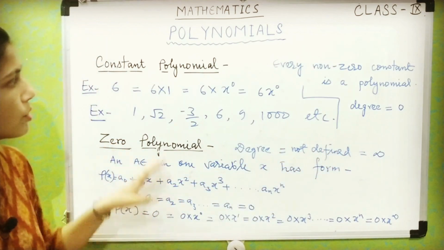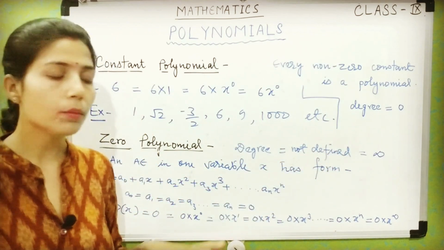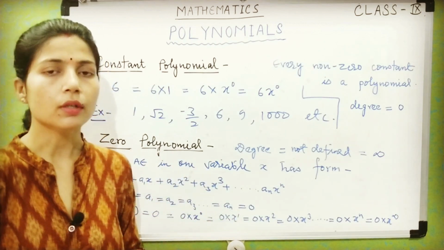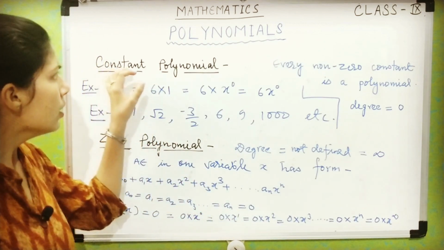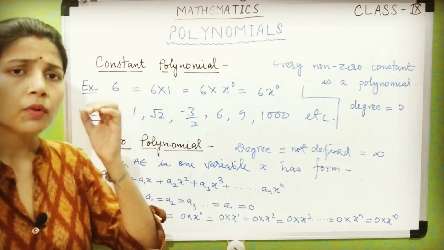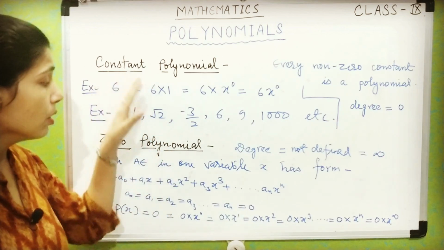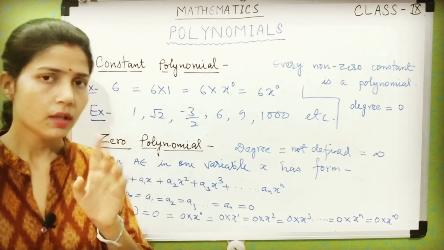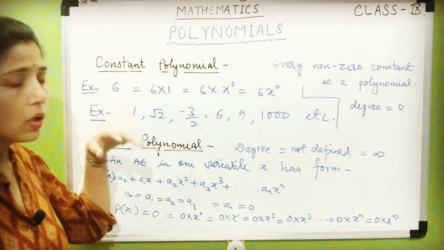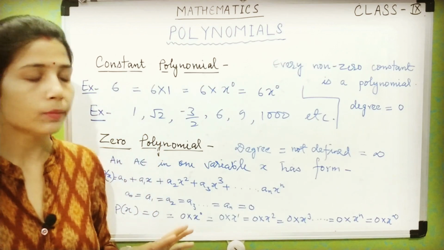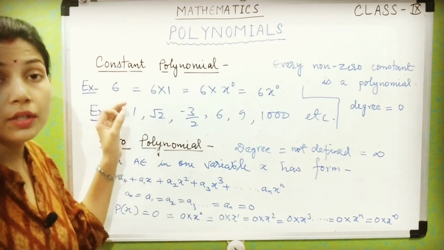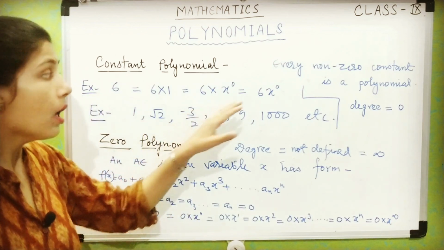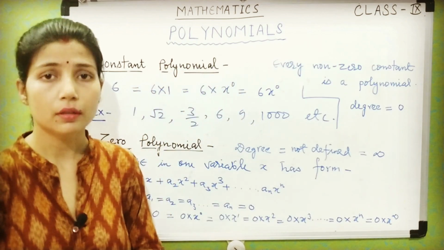So this was all about the constant polynomial and zero polynomial. By looking at their names only, you can frame examples of constant and zero polynomials. Zero polynomial is only 0, and constant polynomials are all those polynomials which contain only one term, and that will be a number.